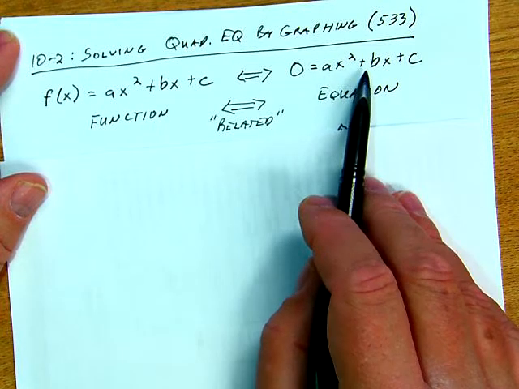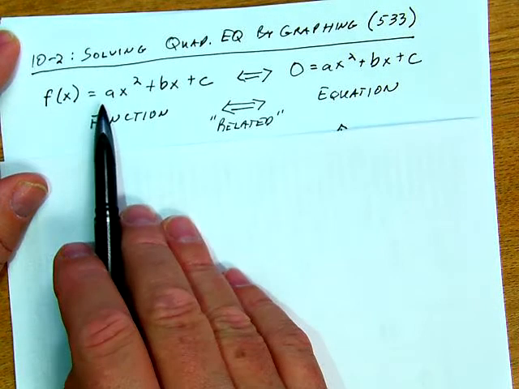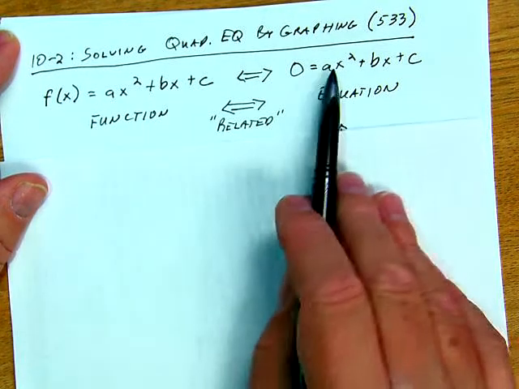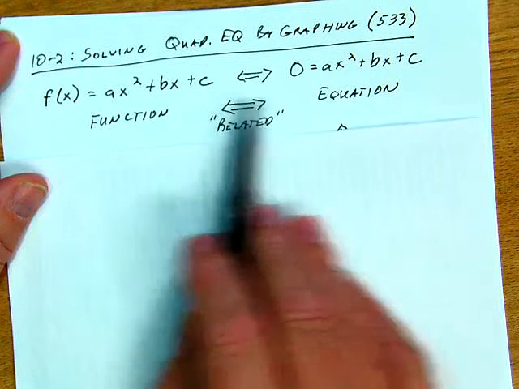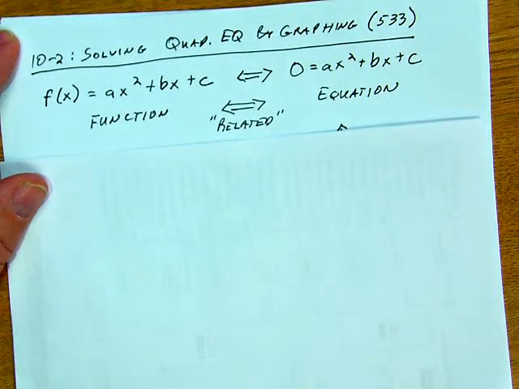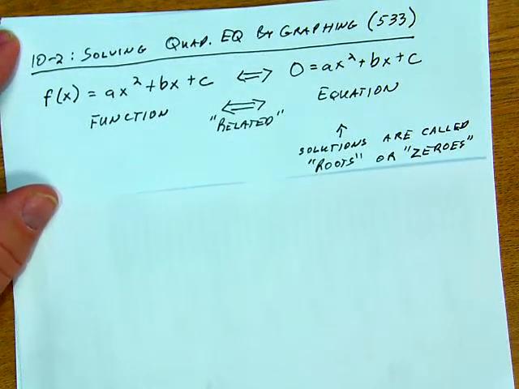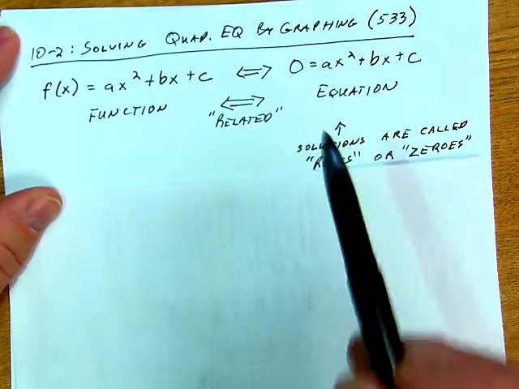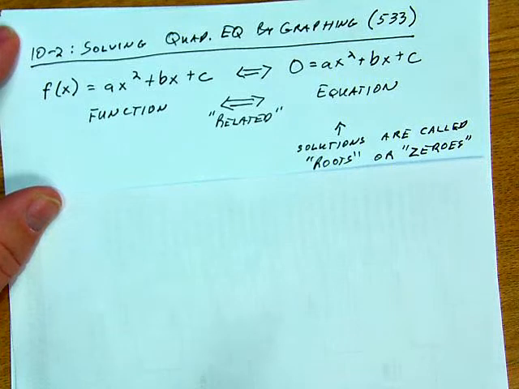If I give you an equation and ask you to write its function, that's its related function. So we use the term related function or related equation.